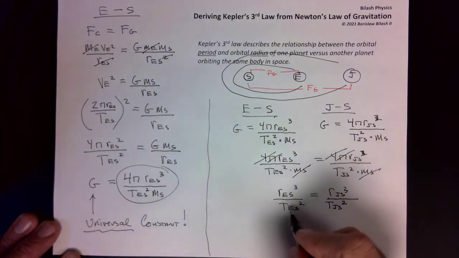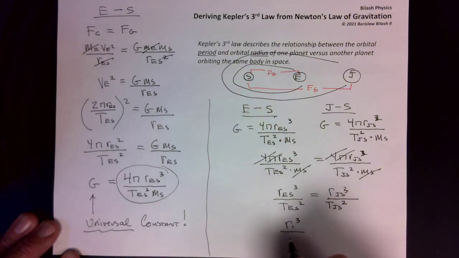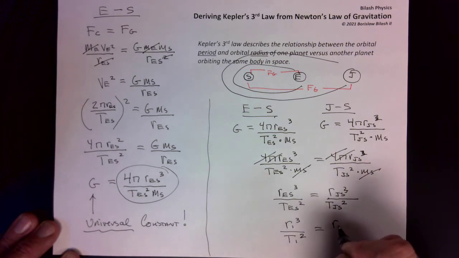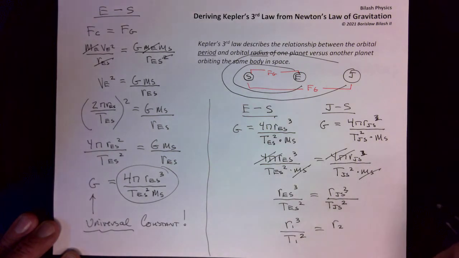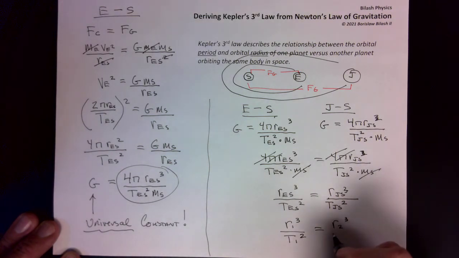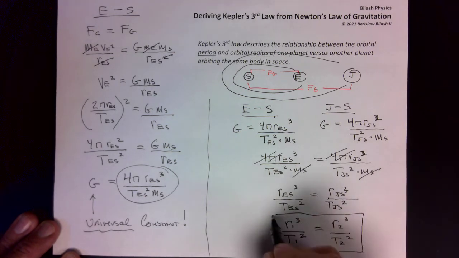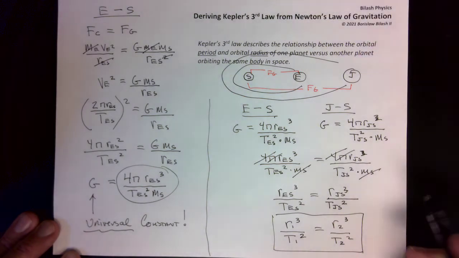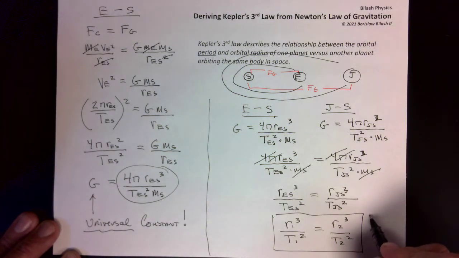If I simplify this, I can just say the radius of the first planet cubed divided by the period of the first planet squared is equal to the radius of the second planet, or the comparable planet, cubed divided by its period squared. And that relationship is Kepler's third law.